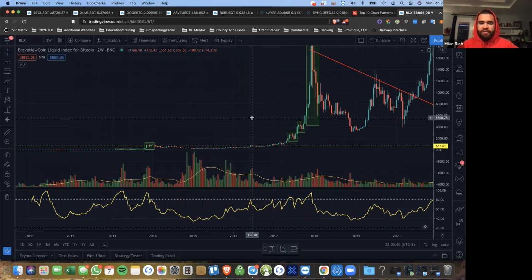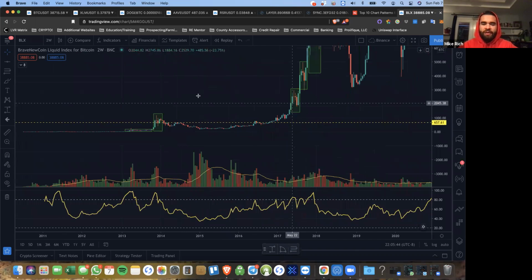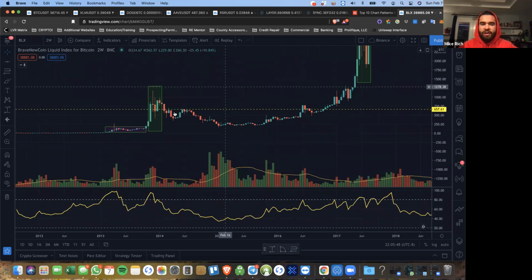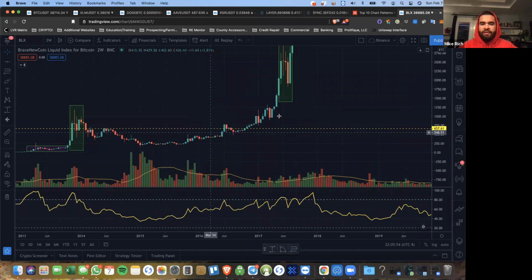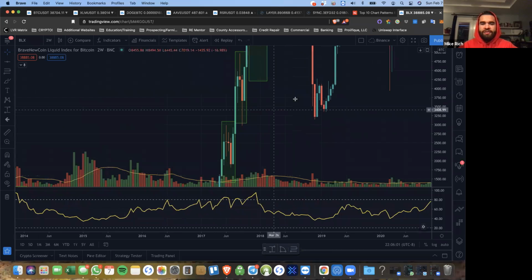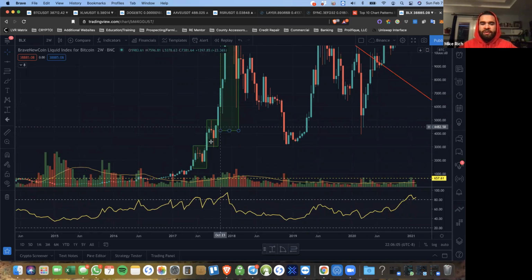Nonetheless, take some time, and you don't even have to be 100% spot on, right? Just try to find stuff that you see in common here, right? So you see this long phase of accumulation, markup, draw back down. Eventually it went past. This is what I think we're in now, but this would be way too long, right? So this also makes me think, okay, well, I could switch it up and this would be it.